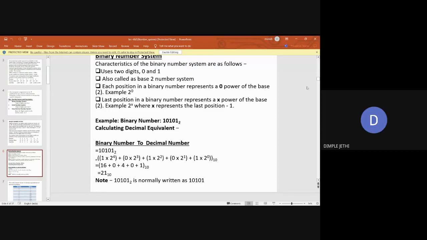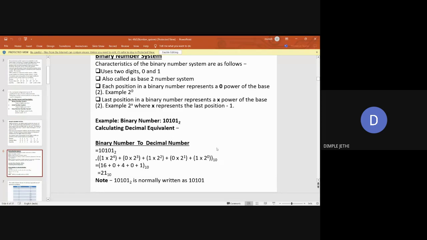Can't you see here? 2 raised to power 0, 2 raised to power 1. The powers will start from 0 only. Power always starts from 0, but power of 2. In decimal, we have power of 10. In binary, we use power of 2 because base is 2 here.